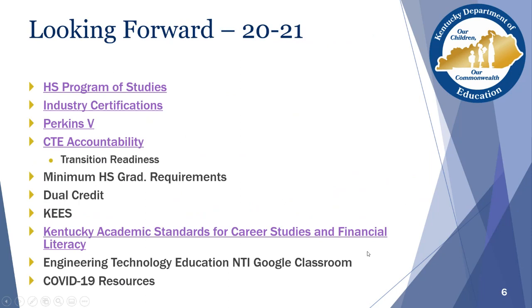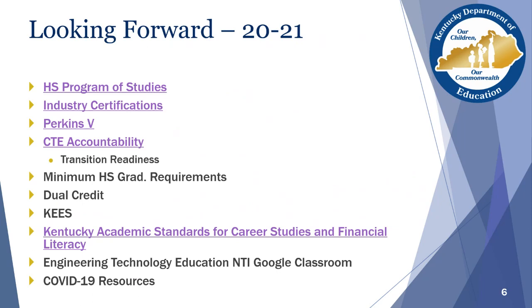So looking forward, this is kind of a list, a table of contents, if you will, of things that I want to talk about on this call. So we'll go through the program of studies as it relates to the 2021 school year. We will go through the industry certification list as it relates to this school year. Perkins 5, it has some big changes in it. So we've moved from Perkins 4 to Perkins 5, federally approved.